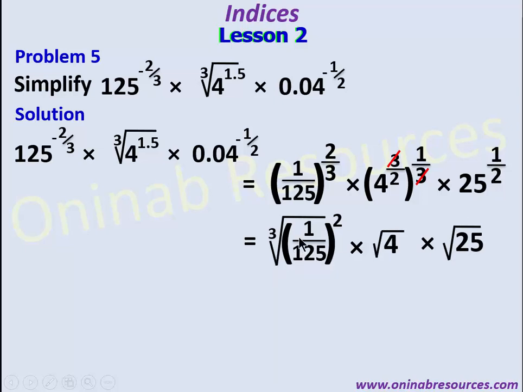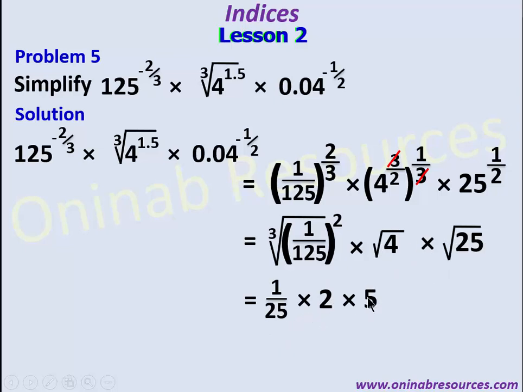Cube root of 1 over 25 is 1 over 5, then square it, you get 1 over 25 times 2, then times 5. Since square root of 4 is 2 and square root of 25 is 5.